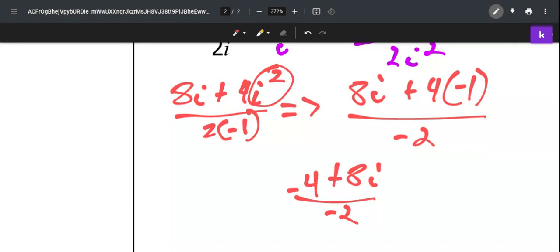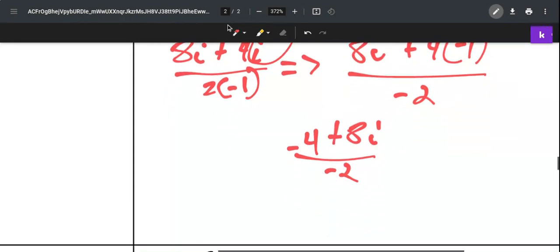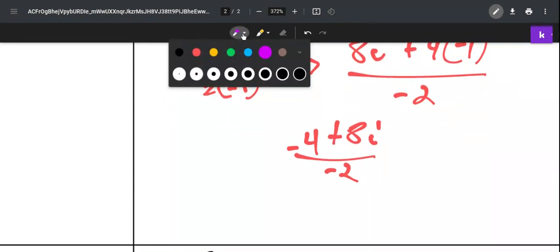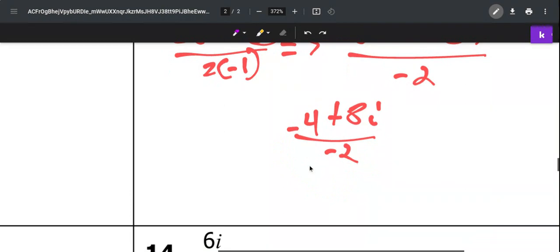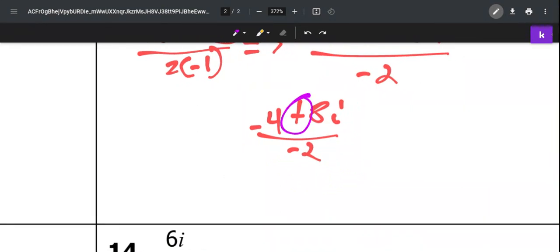Now, this is where it gets a little, I don't know, it gets a little weird doing this final step. This is actually something that you can't really divide unless you split it up. So when this plus sign is here, it actually means we have two separate fractions shoved together. Here's how it looks.